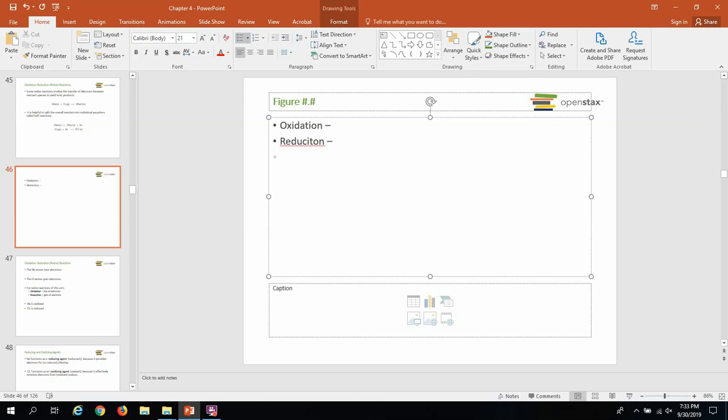And an acronym for knowing this is LEO. Think of a lion going grrr.